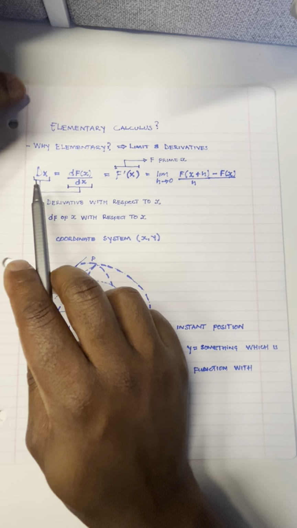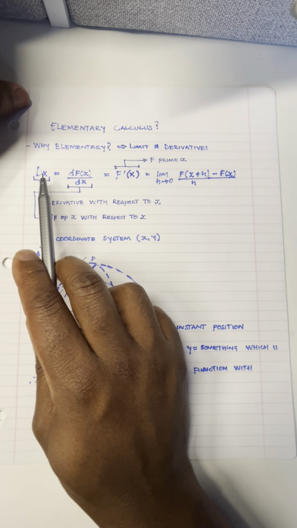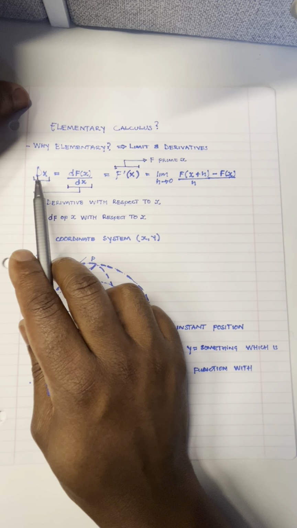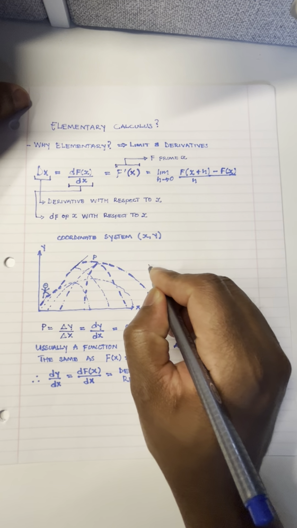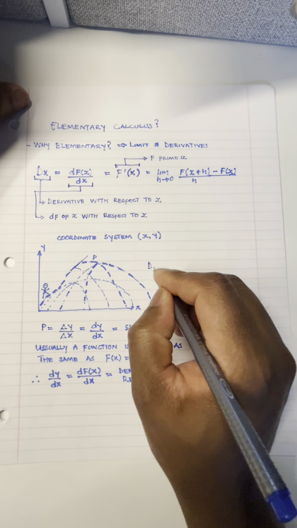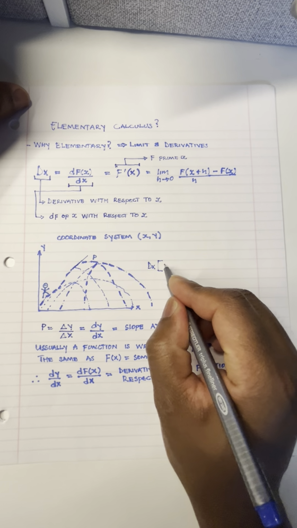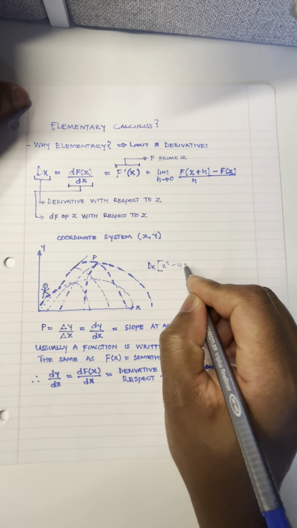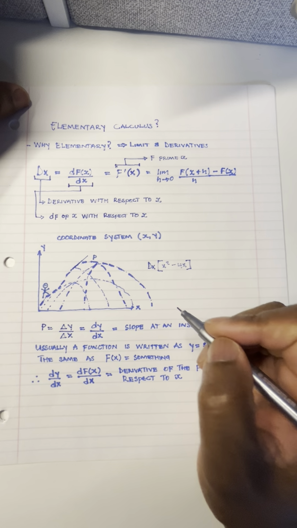So this sign over here, d sub x or dx, they will put the dx over here, and then inside of that they will give you something like x squared minus 4x, and put it like this, and then say solve.